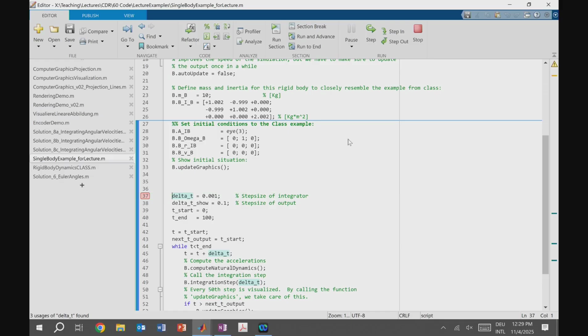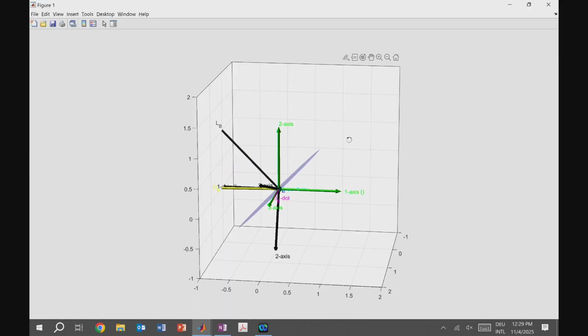And then I can go ahead and let this move. And on first glance, this looks incredibly complicated, especially if you look at this black coordinate system, which does this complex rotation. And we see the vector here in yellow, that's my angular velocity that's moving all over the place.